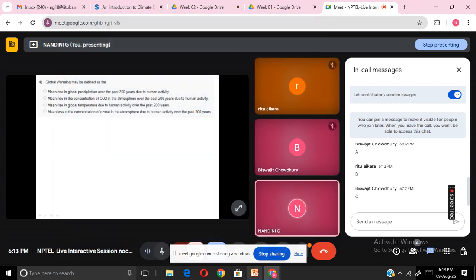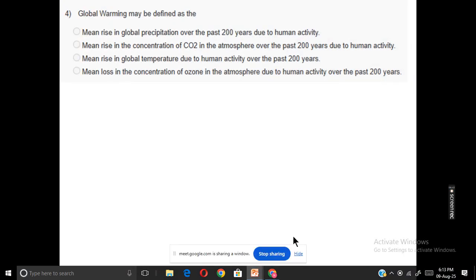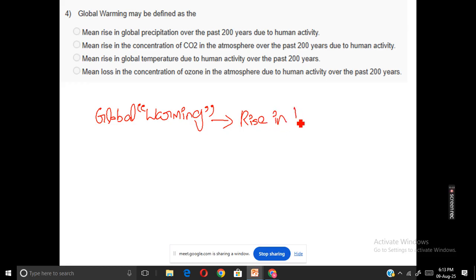So you may get confused between B and C. The question is, what is global warming? When we talk about this particular term, global warming, we mean the rise in temperature.